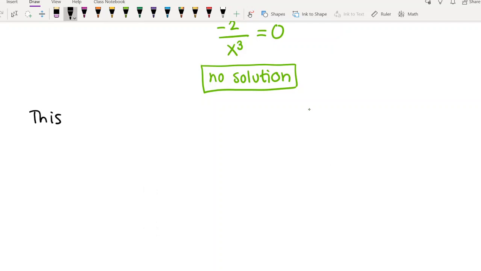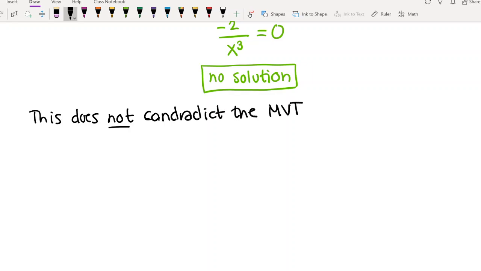This does not contradict the mean value theorem.